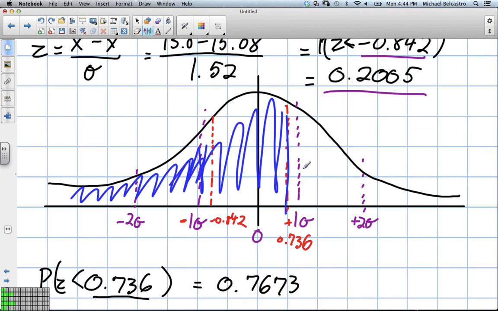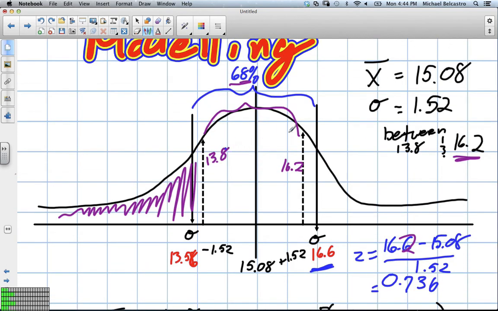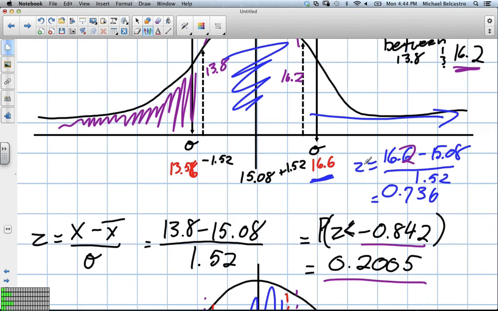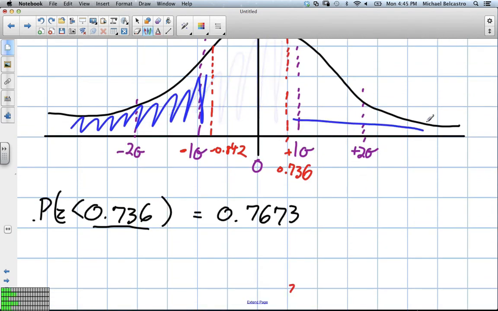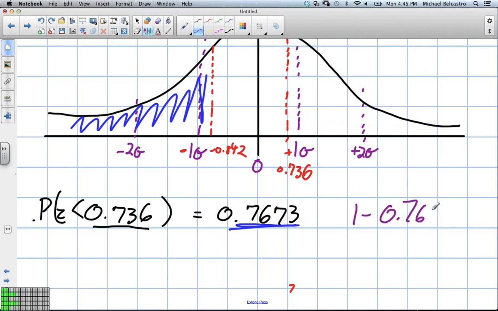Okay. But for our question, if you recall, we're looking for the probability in between. So we need to find out what's greater than this. So in order to find out the amount greater than this, we have to take 1 and subtract this number by it. Okay? So when we go to do that, 1 subtract 0.7673 is equal to 0.2327.